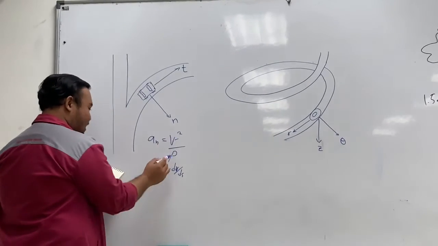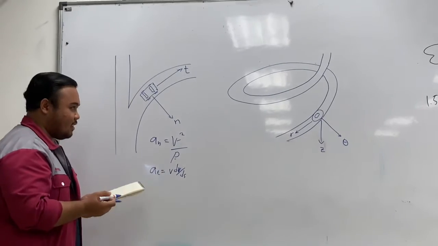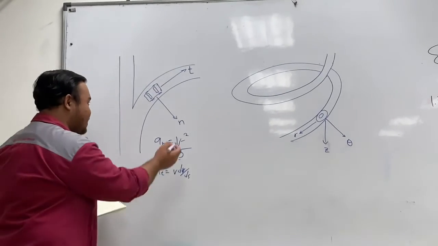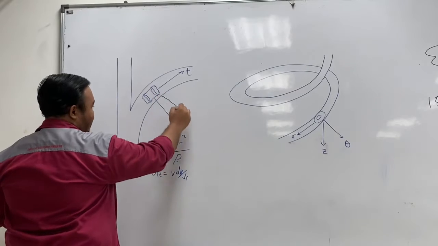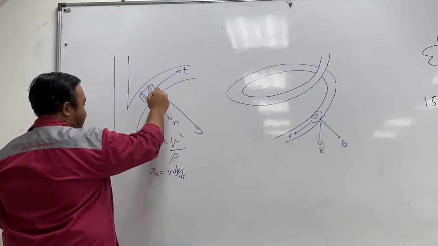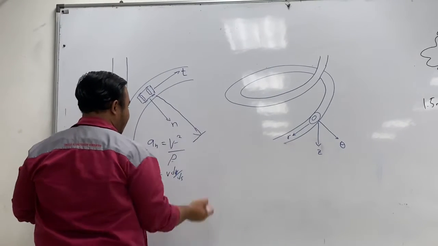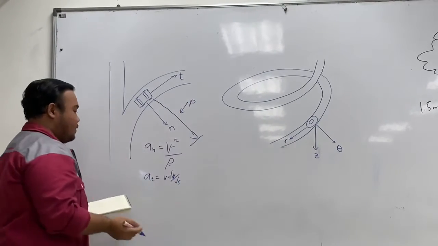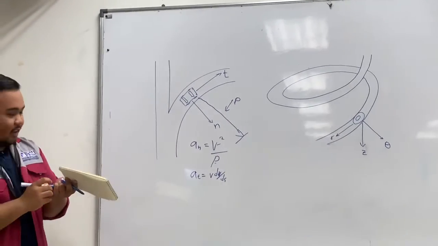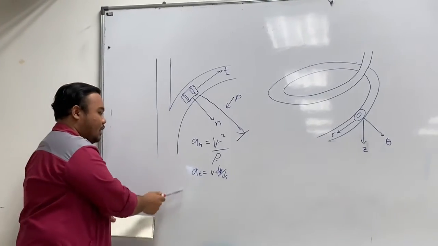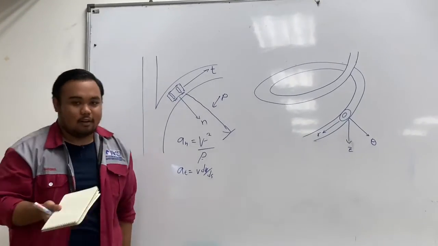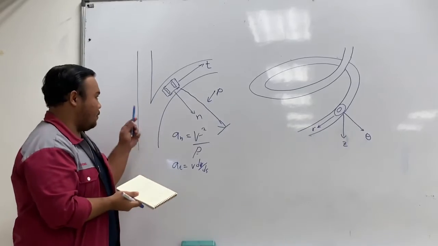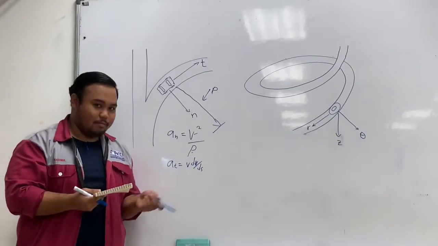V is velocity and rho is the radius of curvature, which is the length from the curve to the center. This is rho. Once we identify the unknowns and apply the equation, we can find all the unknowns from the dynamic problem.